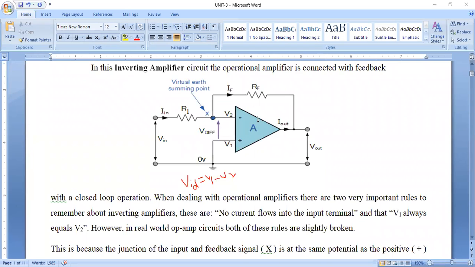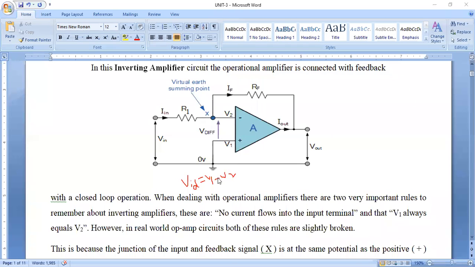The voltage drop between point A and point B is zero. The same potential exists with respect to point A and point B. That's why it is called the virtual ground point.